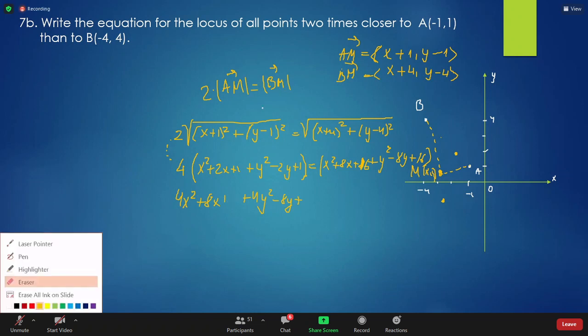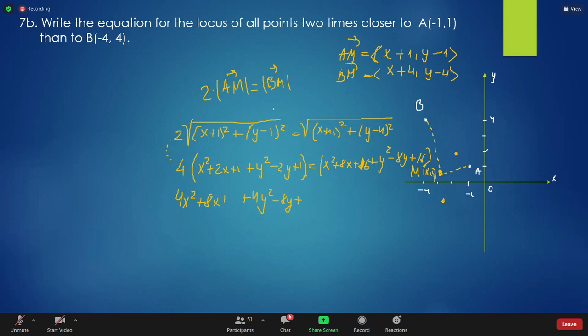Plus 4, and this is x squared plus 8x plus 16 plus y squared minus 8y plus 16 again. Now we see that 8x and 8x disappear. Minus 8y on this side and minus 8y on that side disappear.